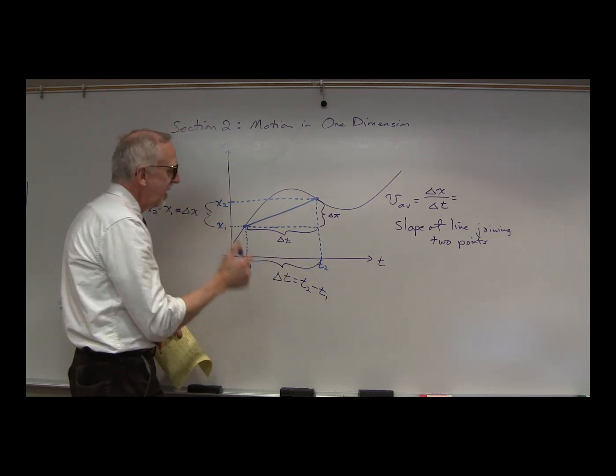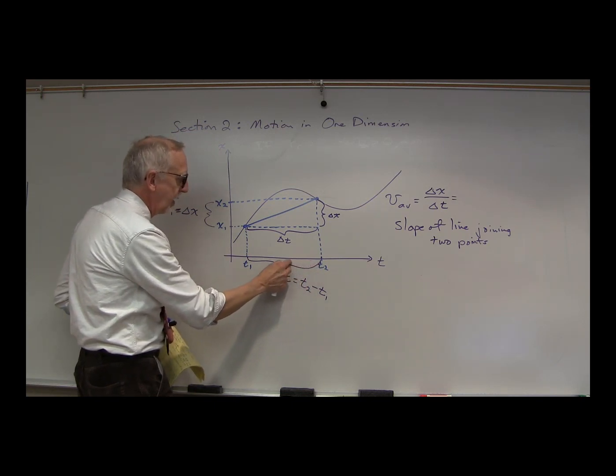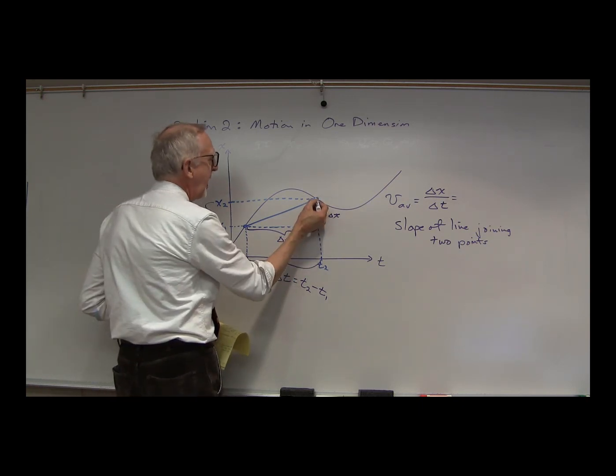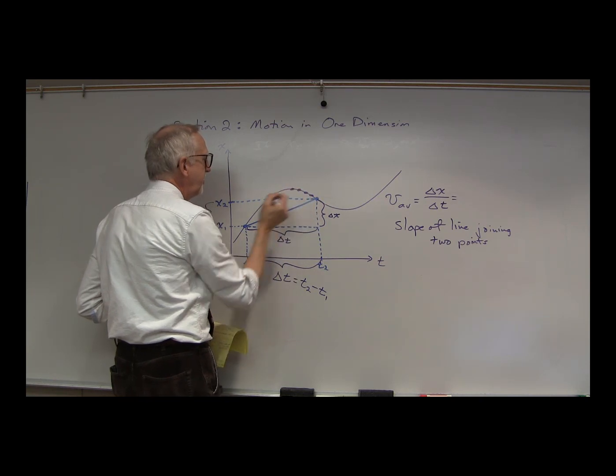Now let's notice, if we change t2, imagine we move t2 back this way, closer to t1, what happens? Well, as we move t2, our point then moves along the curve this way.